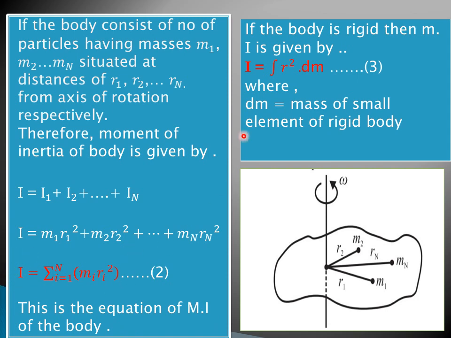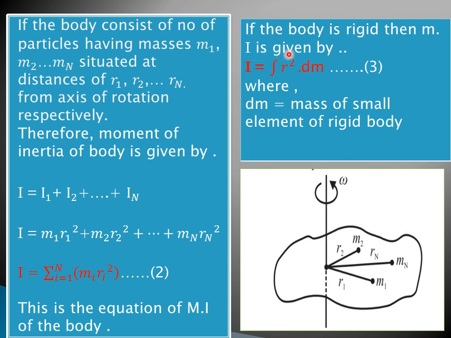If the body is rigid, then the moment of inertia is given by, and what is meant by a rigid body? A body in which the distance between two particles remains constant after applying force is called a rigid body. If the distance between two particles does not change after applying force, then it is called a rigid body.